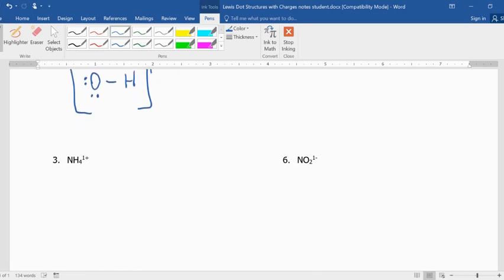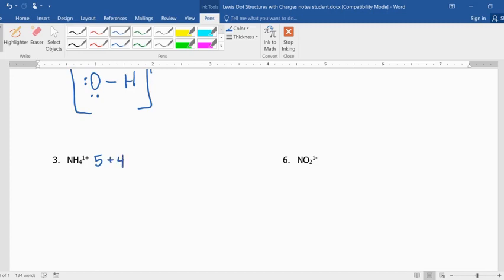Okay, so far we did two ions that had a negative charge. Let's do ammonium, which has a positive charge. So nitrogen has 5 valence electrons. Hydrogen has 1, but there are 4 hydrogens, so that would give us 4 more.